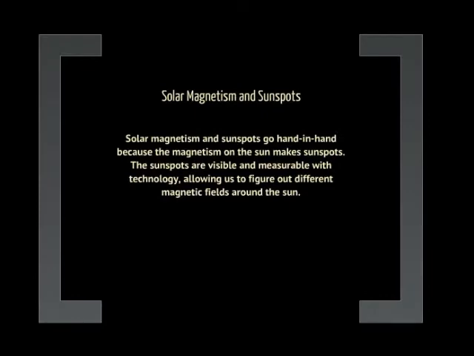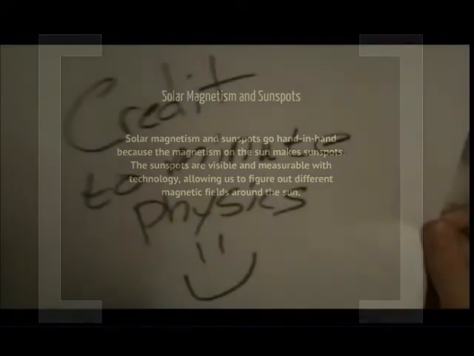Solar magnetism and sunspots go hand in hand because the magnetism on the sun makes sunspots. The sunspots are visible and measurable with technology, allowing us to figure out different magnetic fields around the sun. Credit to Minute Physics for the idea.